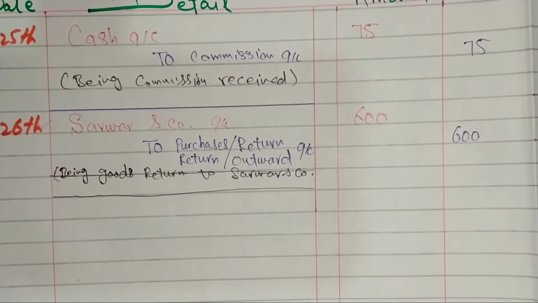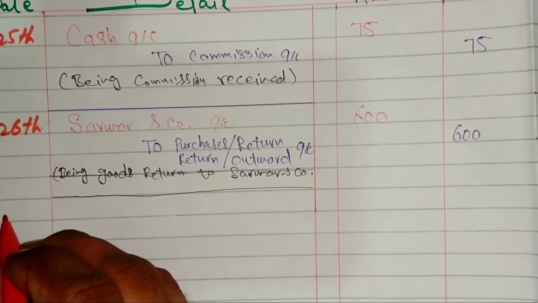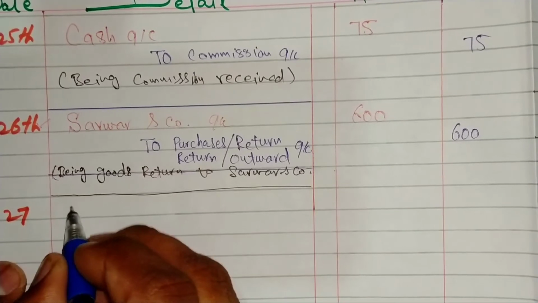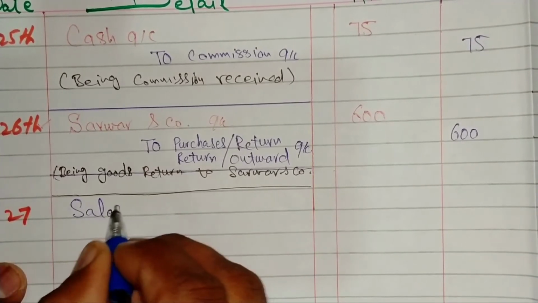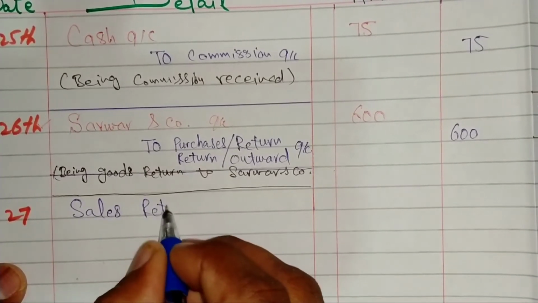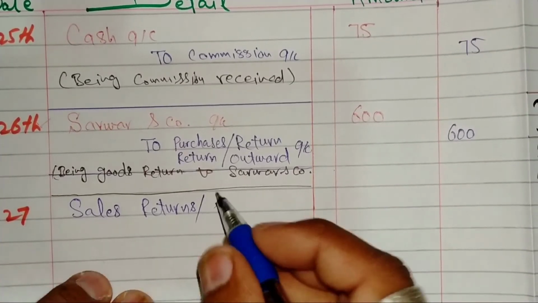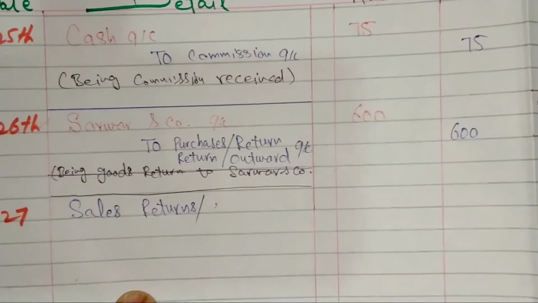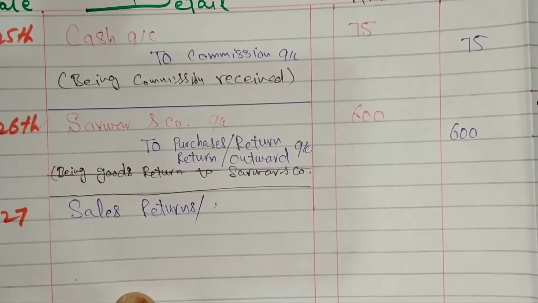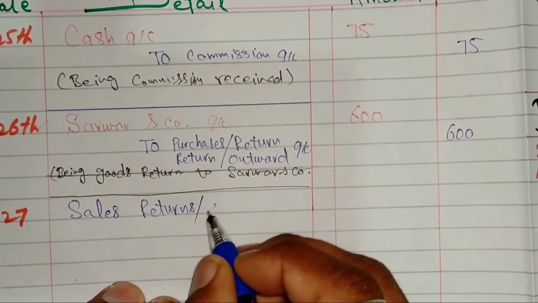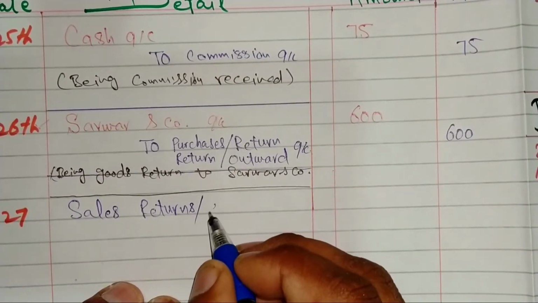The solution of next entry is 27 February. Sales returns account, same as purchases returns. The second name of sales return is returns inward.